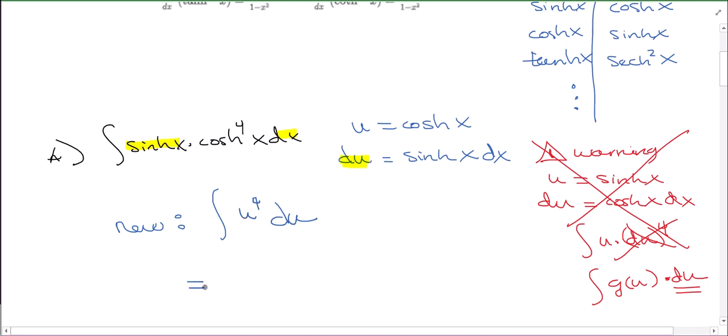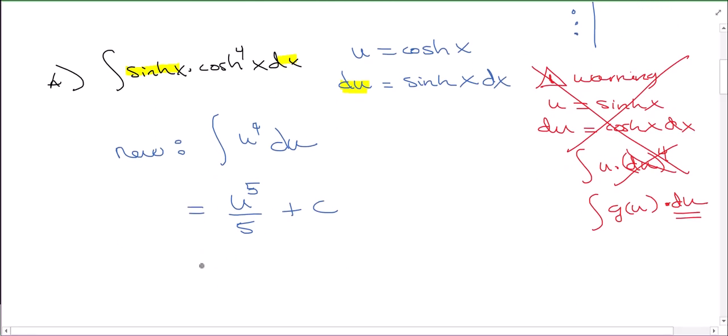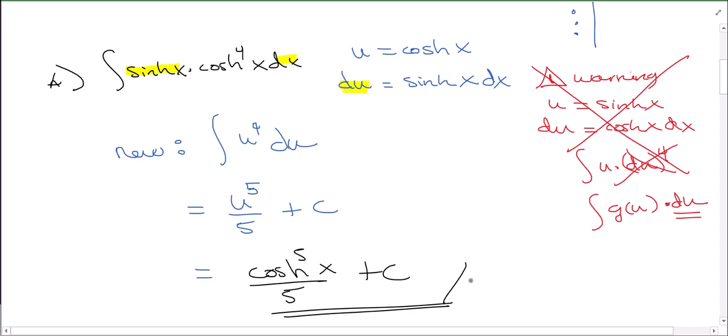This is the general power rule. So this is u to the fifth over 5 plus c. This is an indefinite integral, so I need the plus c. And then substitute back what u was. u was cosh. So hyperbolic cosine to the fifth of x over 5 plus c. So that will be our final answer.